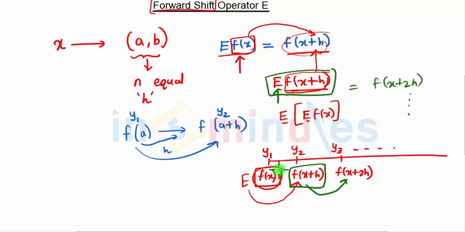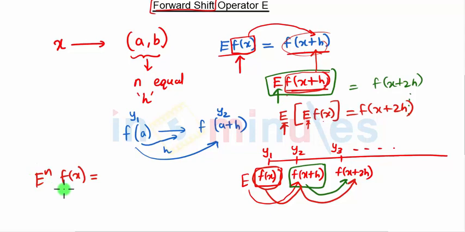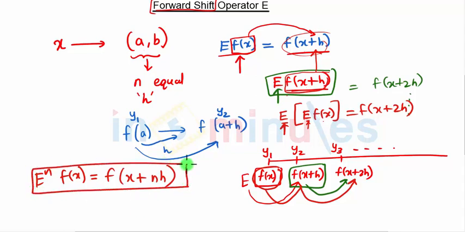So this is our f of x and we are going two intervals ahead, so we will get f of x plus 2h. So E represents one interval ahead, E squared represents two intervals ahead, then E raised to n of f of x will represent n intervals ahead. So this is the generalized formula of the forward shift operator.